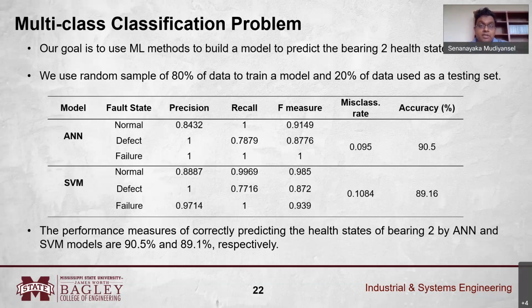However, you can see that the deep learning model, the artificial neural network based classification model, performs better than the conventional machine learning algorithm, support vector machine.